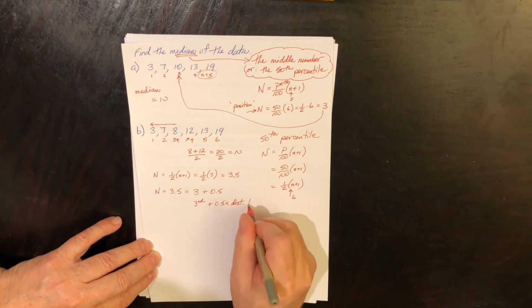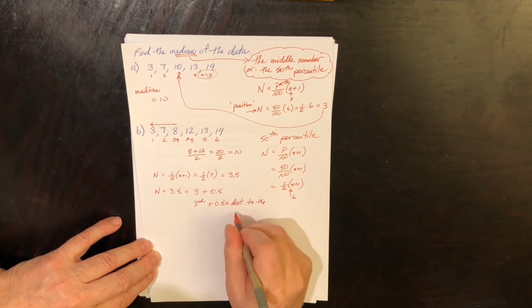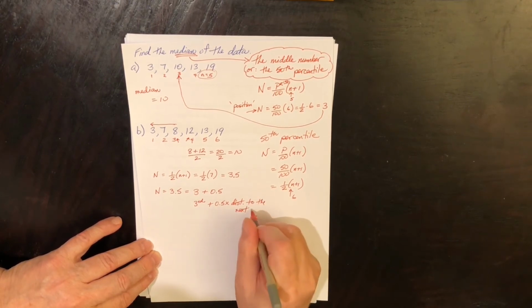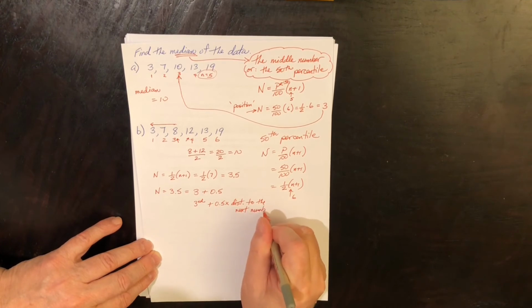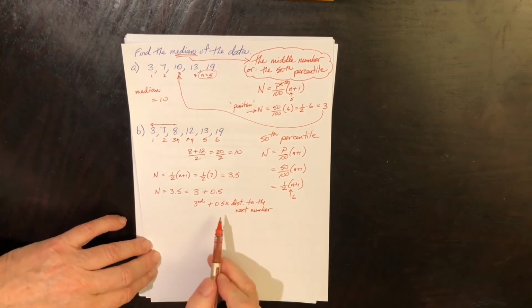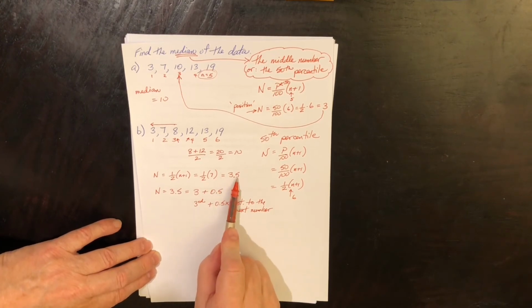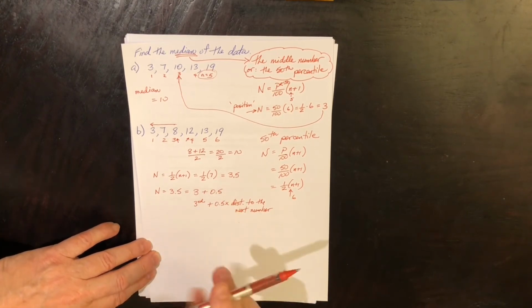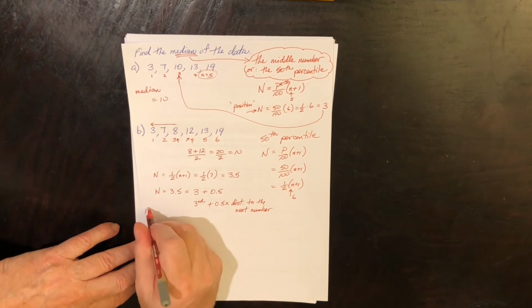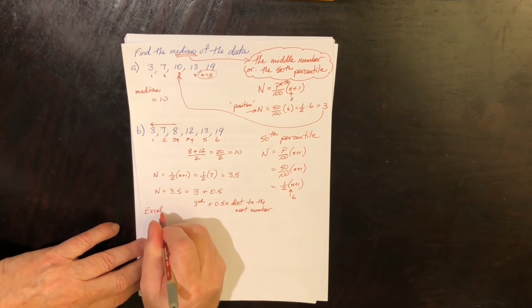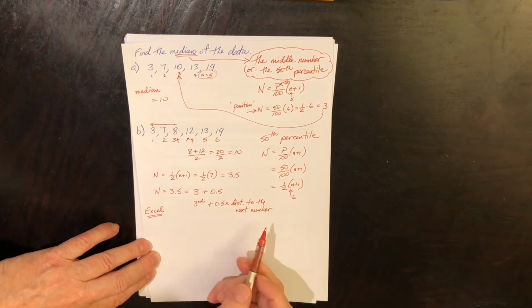The distance to the next number. That is how we will use this formula. That is how we will use a position that has a decimal place. This is how Excel does it. The Excel formulas will give us the same result.